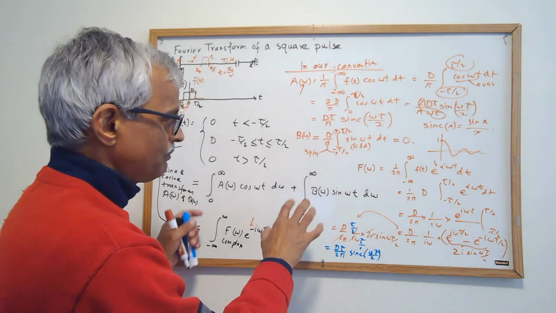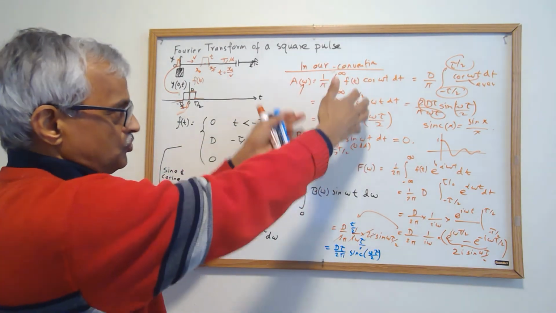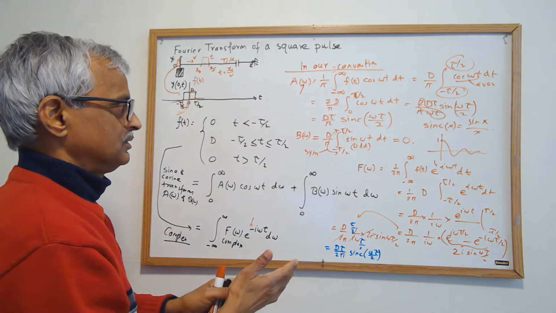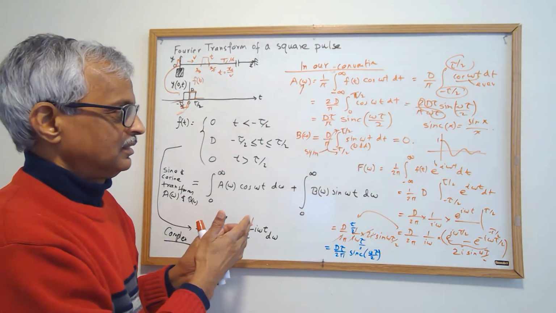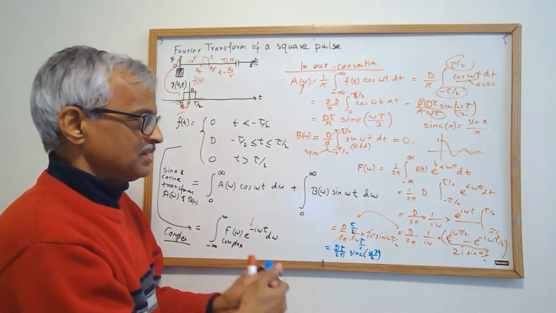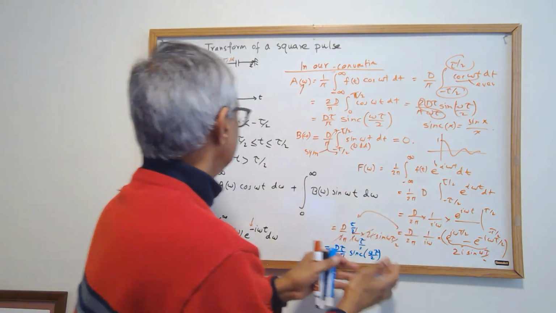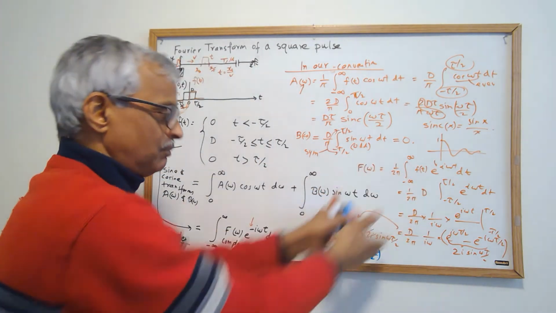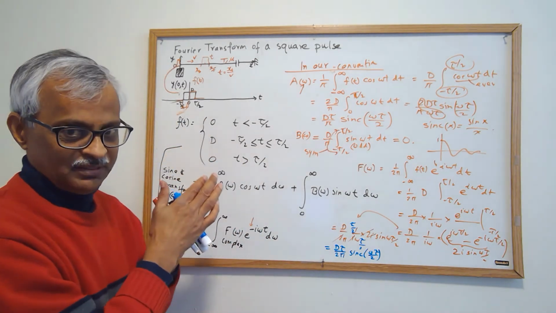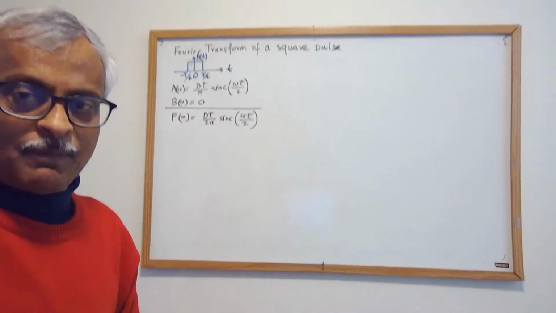If I try to construct from this function, I'll get the same f of t. If I try to construct from this function using the complex form, I'll get the same f t. So let me write that.